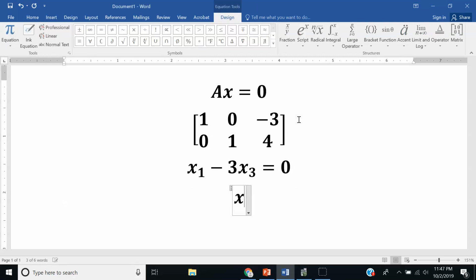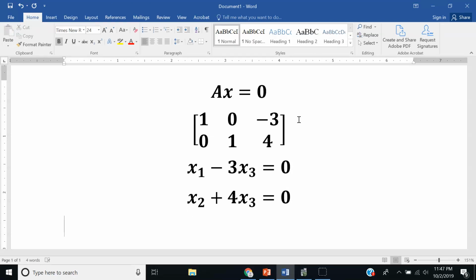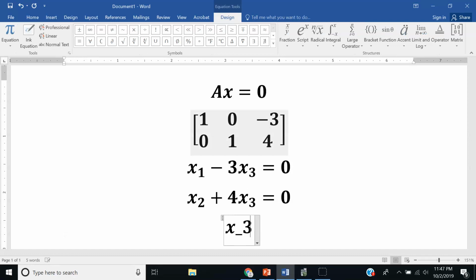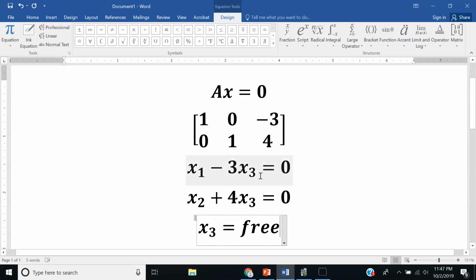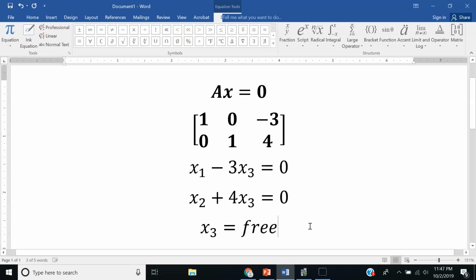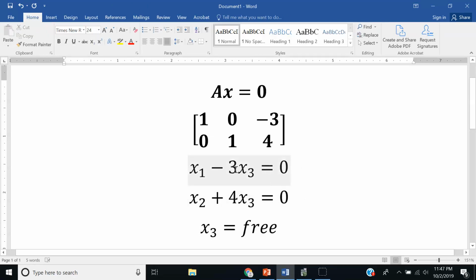You should have x2 plus 4x3 is equal to 0. And then my x3 is a free variable. So that's our general solution.